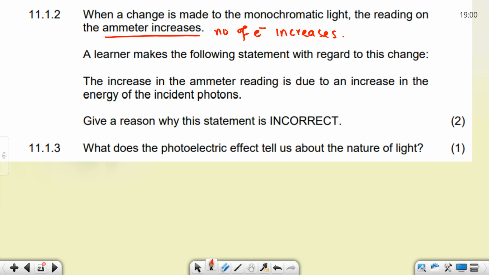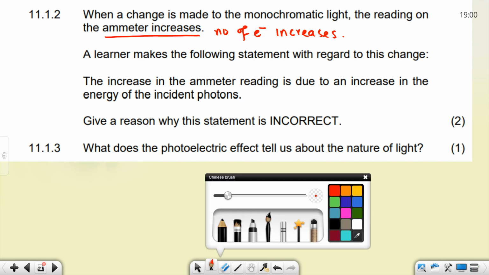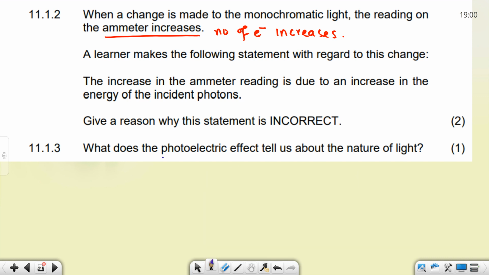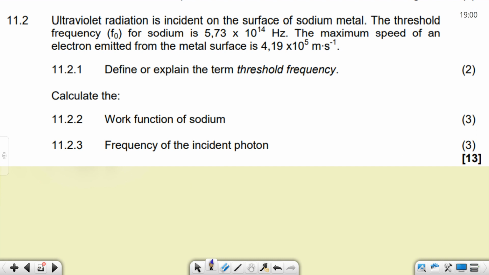No, not dual nature. You'd get it wrong if you say dual nature. They said, what does the photoelectric effect tell us about the nature? It is the particle nature. We know light has a dual nature, but this time around we're talking about the photoelectric effect. Therefore, we talk about a particle nature of light. All right. Awesome. And that is the ability to transfer energy and all of that.